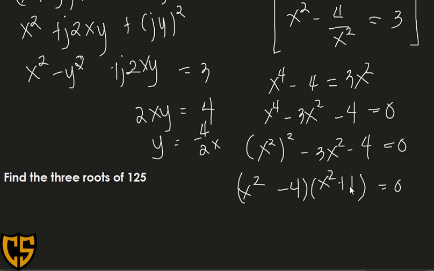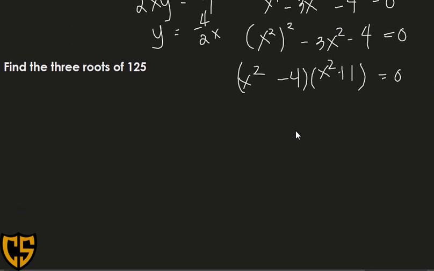So we could equate each factor to zero. We have two equations. The first equation will be x squared minus 4 is equal to 0.